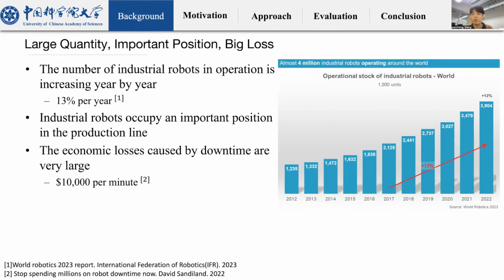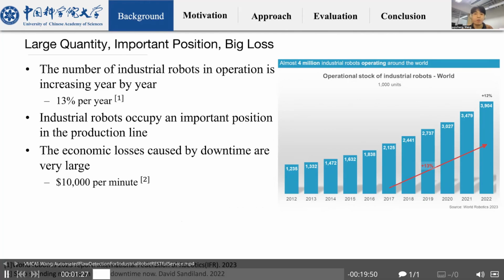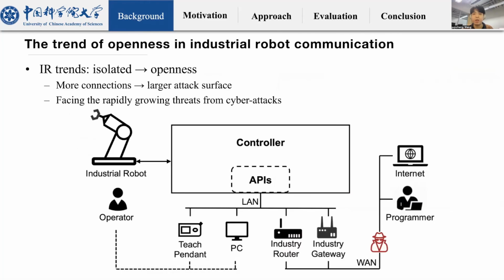Since industrial robots are a critical component of production lines, the downtime of a single robot can halt the entire production line, leading to increased operational costs. These unexpected downtimes can result in losses of up to $10,000 per minute.